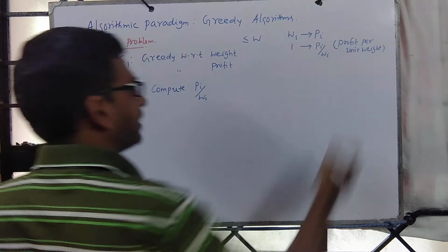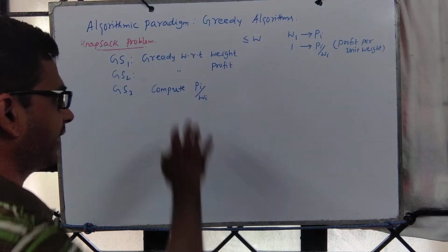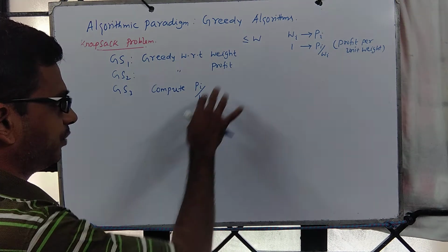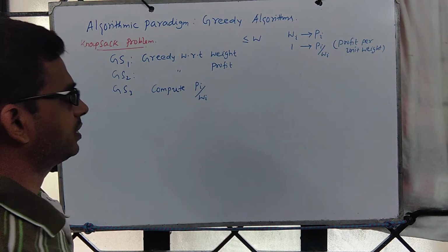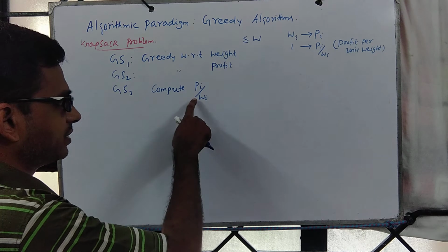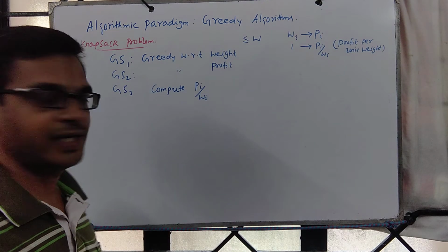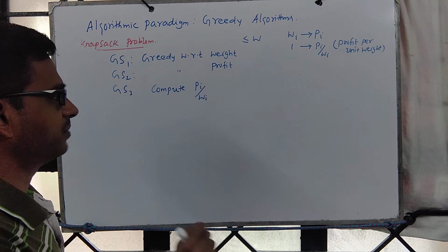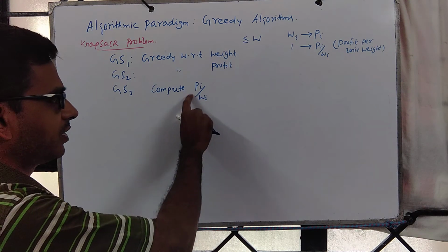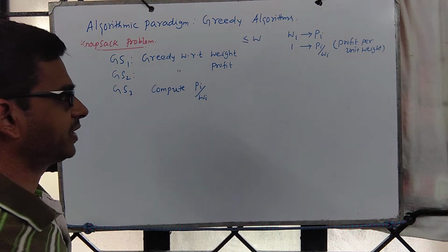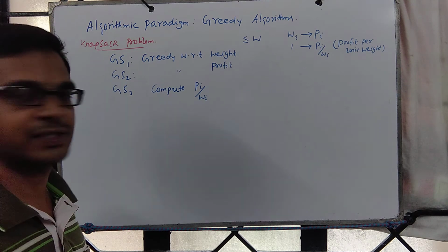This we calculate for each of them, P1 by W1, P2 by W2 and so on, and we choose the one for which Pi by Wi is maximum. Meaning if I include 1 unit of this object, then the profit that I get is maximum.